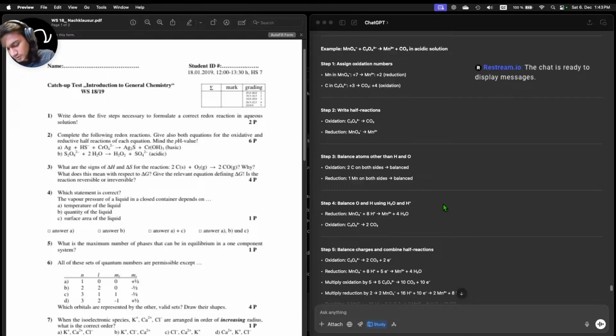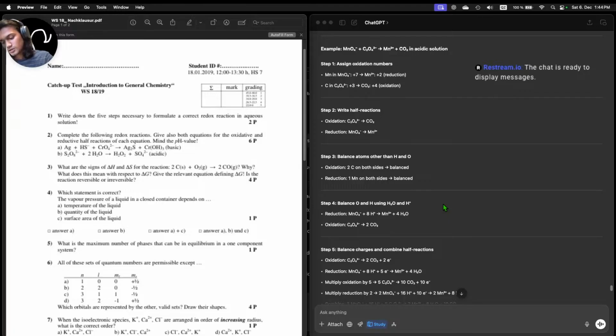So it's plus 1 e minus, lost an electron. So if it lost an electron, it's oxidation. So this is basically step 2: assign the oxidation states, write the half reactions.